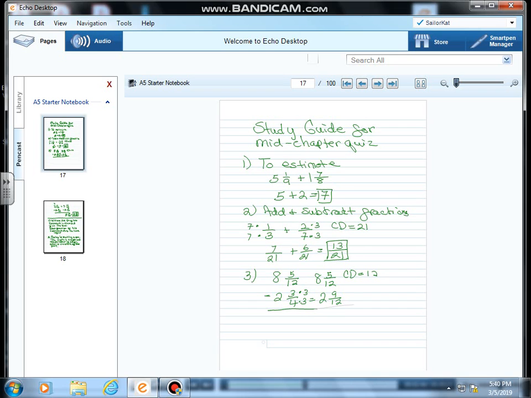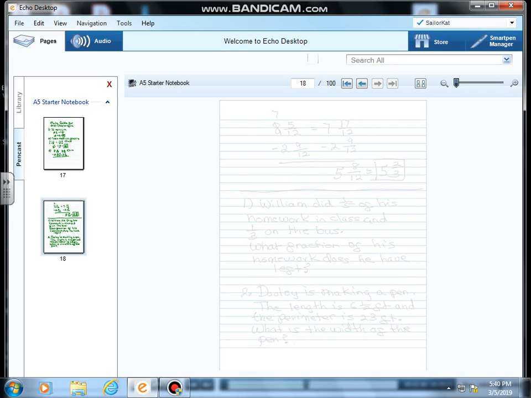We cannot subtract 9 from 5, so we will have to borrow. So rewriting the problem, 8 5/12 minus 2 9/12. We borrow from the 8, and then we add 12 to the 5.